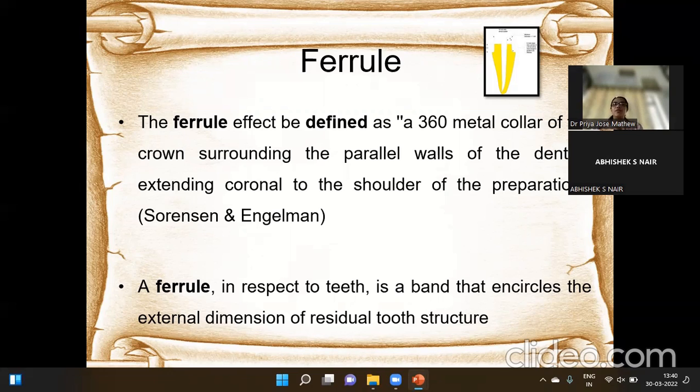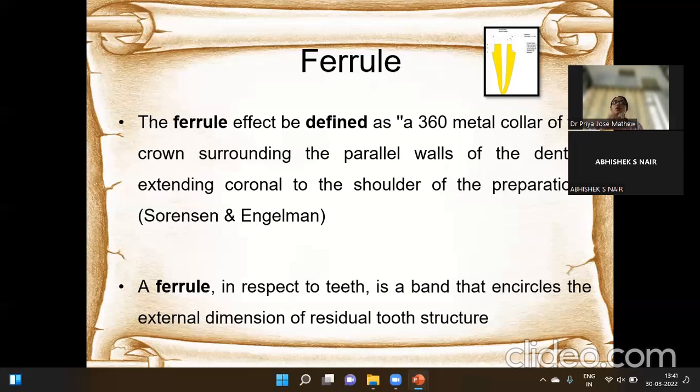Now, when you give a crown, what will happen if you manage to do it subgingivally? The crown margin will be within the restoration. So that is the reason for the failure in this condition. We should make sure that the crown's margin lies on sound tooth structure. So if there is caries, you have to remove the caries and then prepare. You should make sure that there is sufficient tooth structure around.